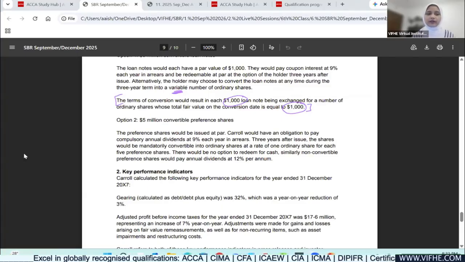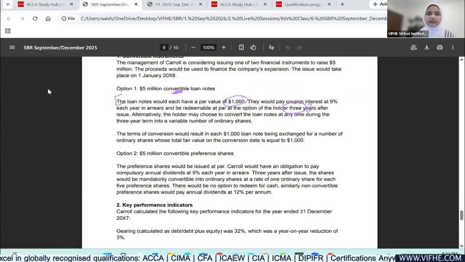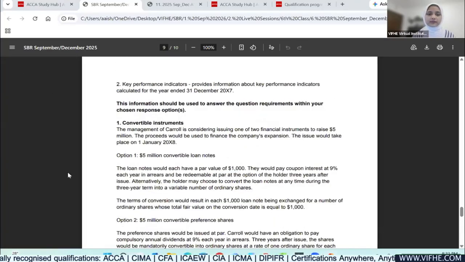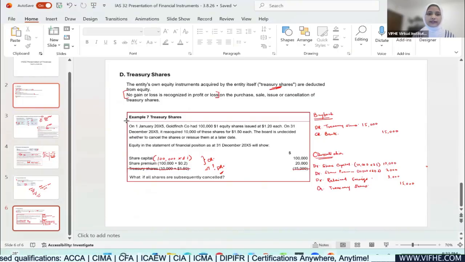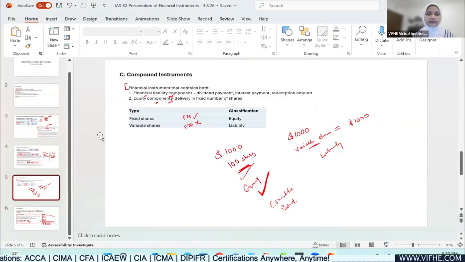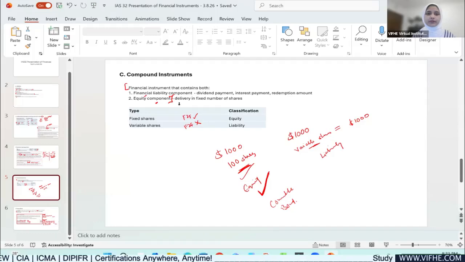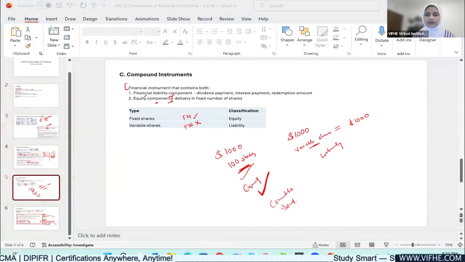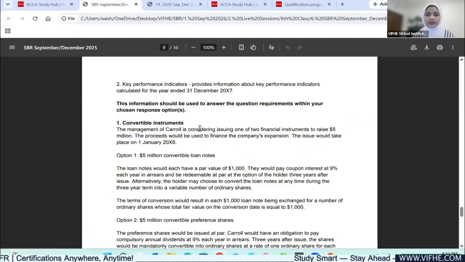Okay, so Raghavina, we are doing the convertible loan note slide right now. We are doing this slide. Sorry, compound instruments, where they are telling us that, sorry, one minute, convertible instruments.